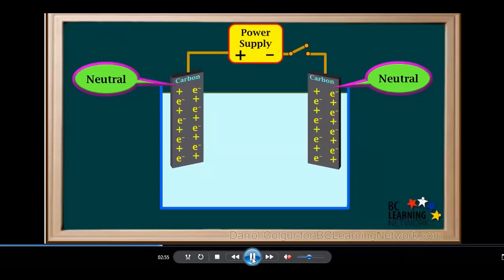And as we can see, the positive pole of the battery forces the carbon connected to it to lose its electron, to transfer its electron to the other side, decreasing the electron charge on it and changing it into a positive electrode, which is called the anode.